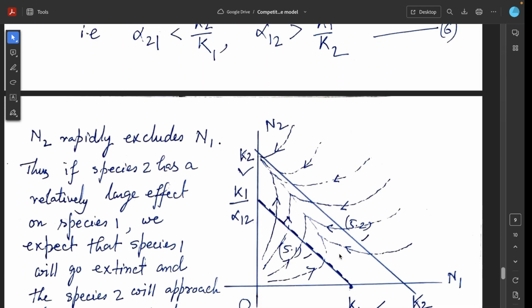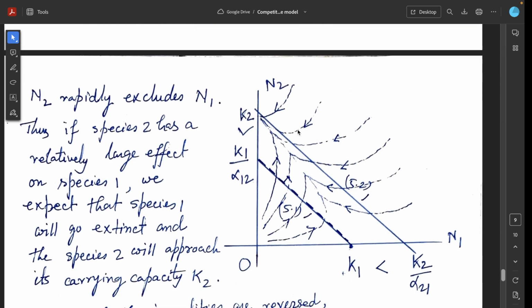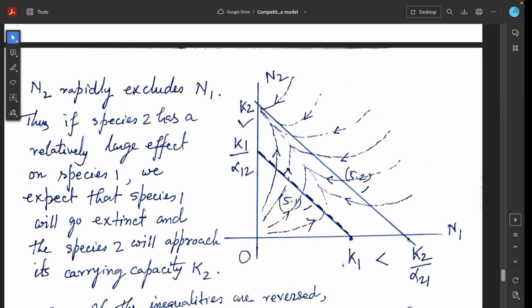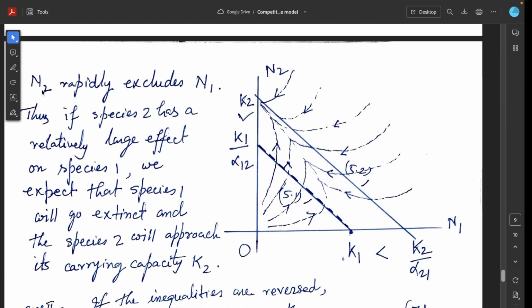So we draw this line with these points on the N1 axis and N2 axis. K1 is greater than K2 over alpha 1 2, sorry, K1 over alpha 1 2 less than K2, and K1 is less than K2 over alpha 2 1, this point. So obviously N2 rapidly excludes N1.